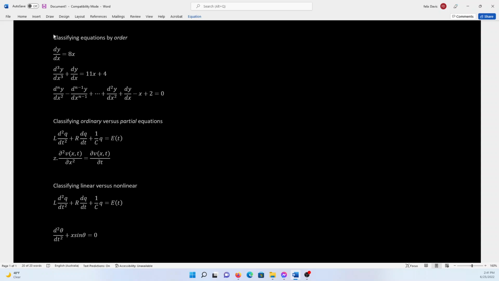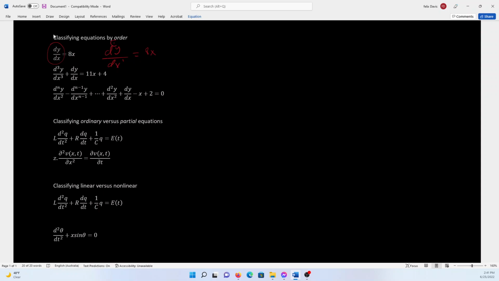So, classifying the equations based on their orders. This differential equation can also be written as the first order of dy with respect to dx, and that is going to be equal to 8x.